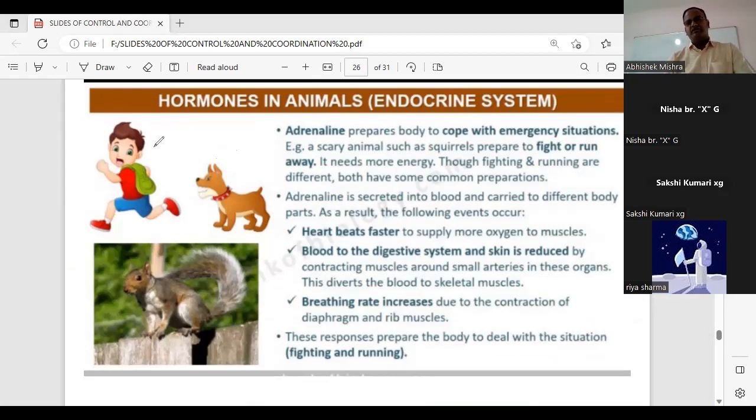So what is the boy doing in the figure? Tell me, what is the boy doing in this image? He is running. Okay.